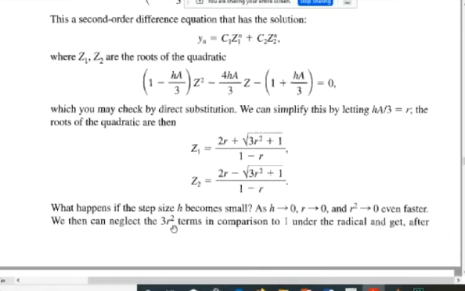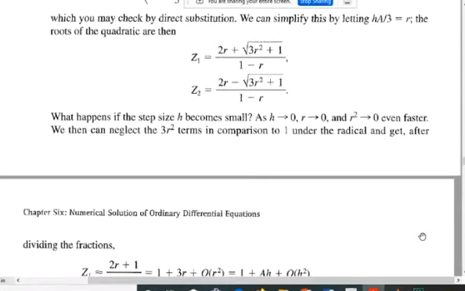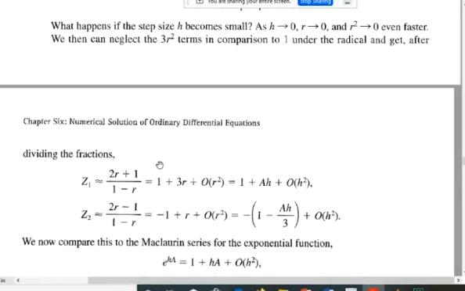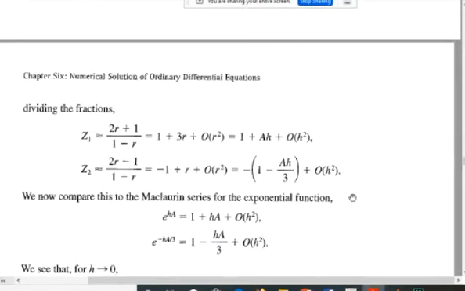We can neglect the 3r squared term under these radicals in comparison to 1, and after dividing the fractions, z1 is 1 plus r divided by 1 minus r, and z2 as this fraction, and we can find the approximate values for z1 and z2.